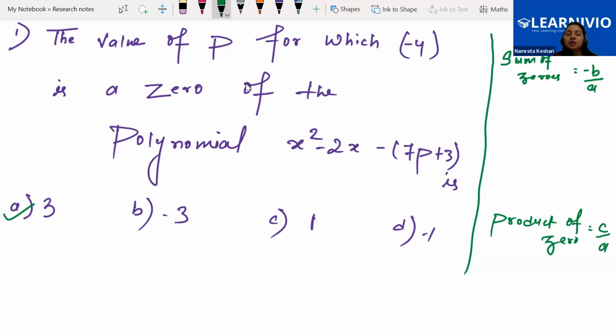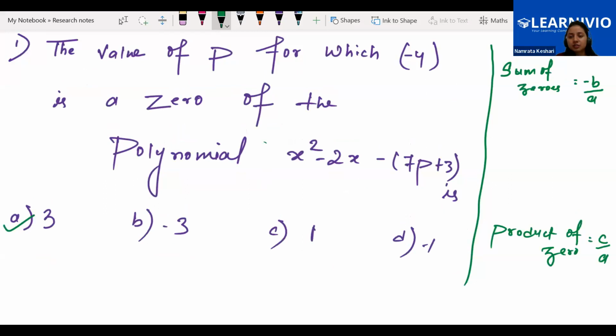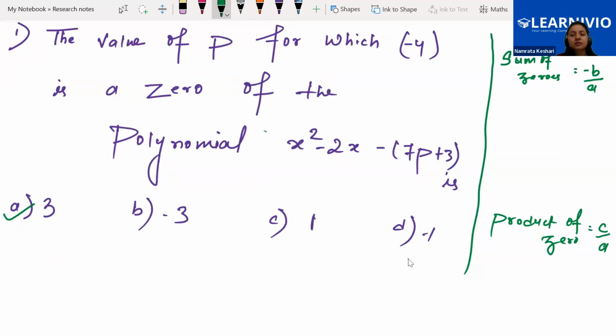Now the problem is, in this quadratic polynomial, how have you done it? Sumaya, how have you done it? Zunaid, how have you done it?